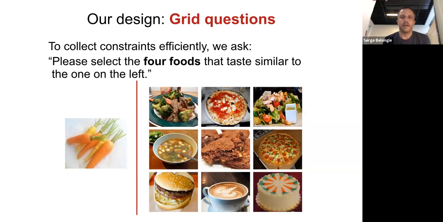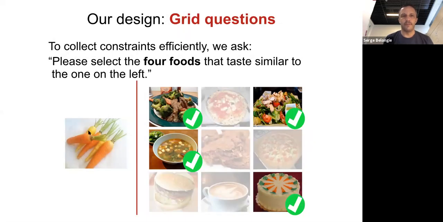In this case, we call it a 9-choose-4 grid. We have an input image on the left, which shows carrots. We have our grid of 9 images over here. And the user is asked to click, in this case, on the 4 images that look like they would taste most similar to the carrots on the left.